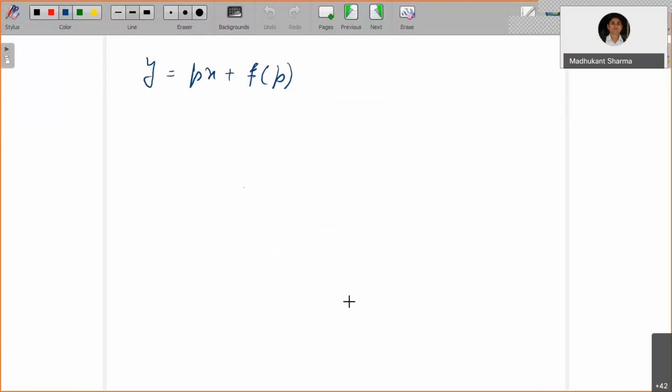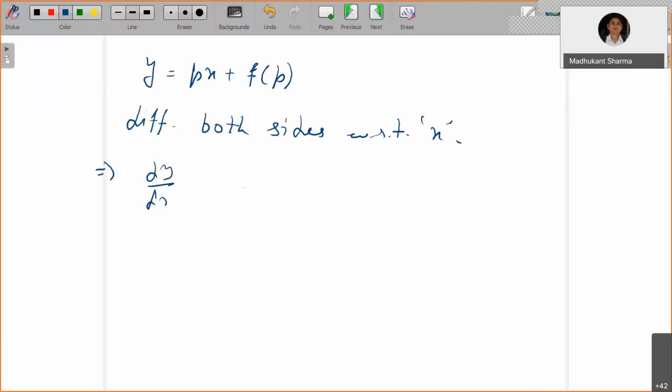Now from here, differentiating both sides with respect to x, that will imply dy by dx is equal to p plus x times dp by dx plus, this is a product rule here, because p is dy by dx and depends on x, f dash of p times dp by dx.